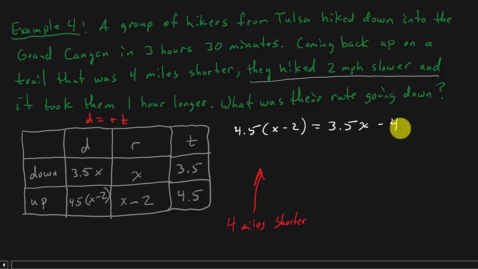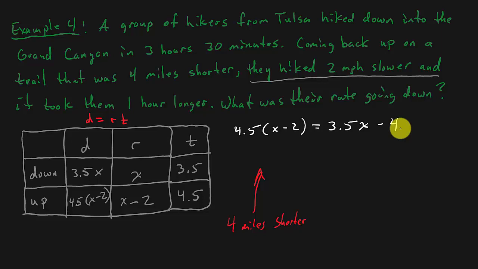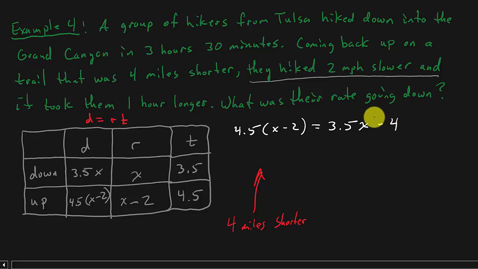And I know what some of you are thinking right now. Yes, if you wanted to, instead of putting the minus 4 over here, you could have put plus 4 here. Because see, it's 4 miles shorter. I could have written plus 4 on this side and then just left the minus 4 off there. And you might be saying, well, why didn't you do that? I don't know. I just didn't. Okay? It doesn't matter. That's the thing.